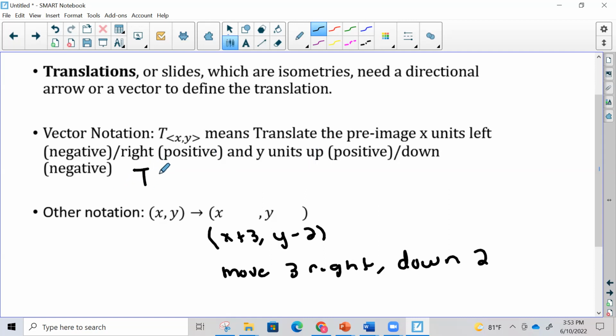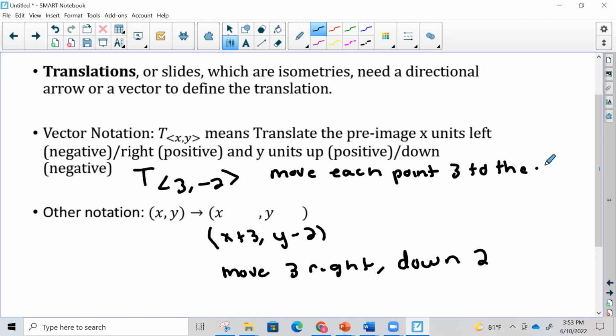So it would be like T, 3, -2 is one way that they would write it. And so that's saying that I'm gonna slide my image 3 to the right. So we move each point 3 to the right, and then 2 down.